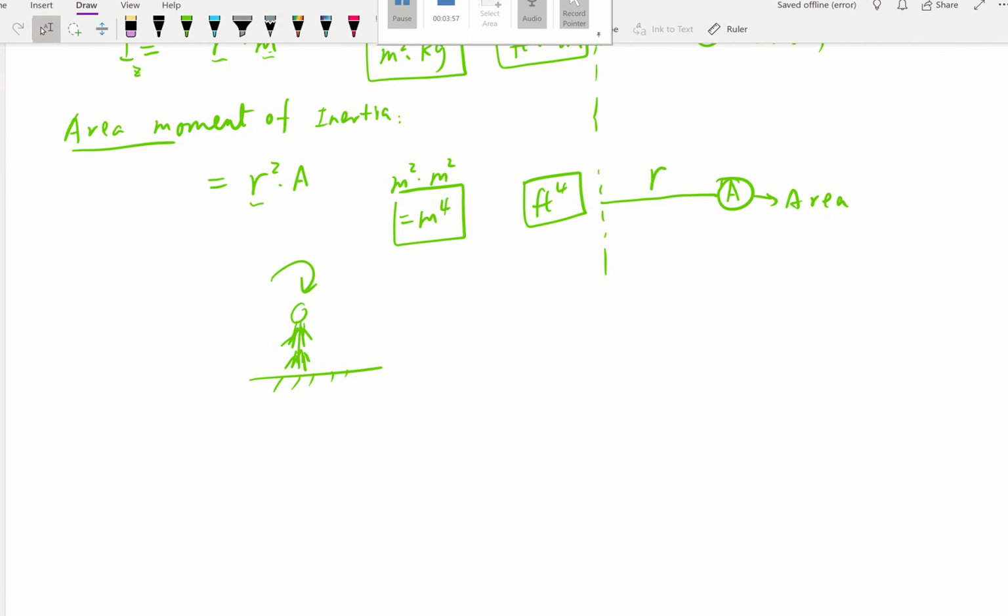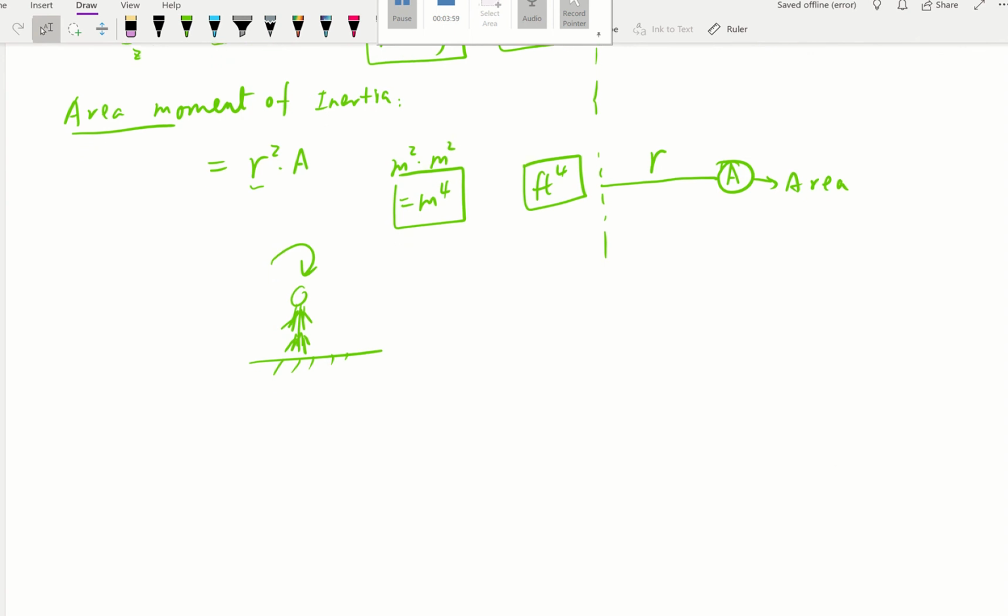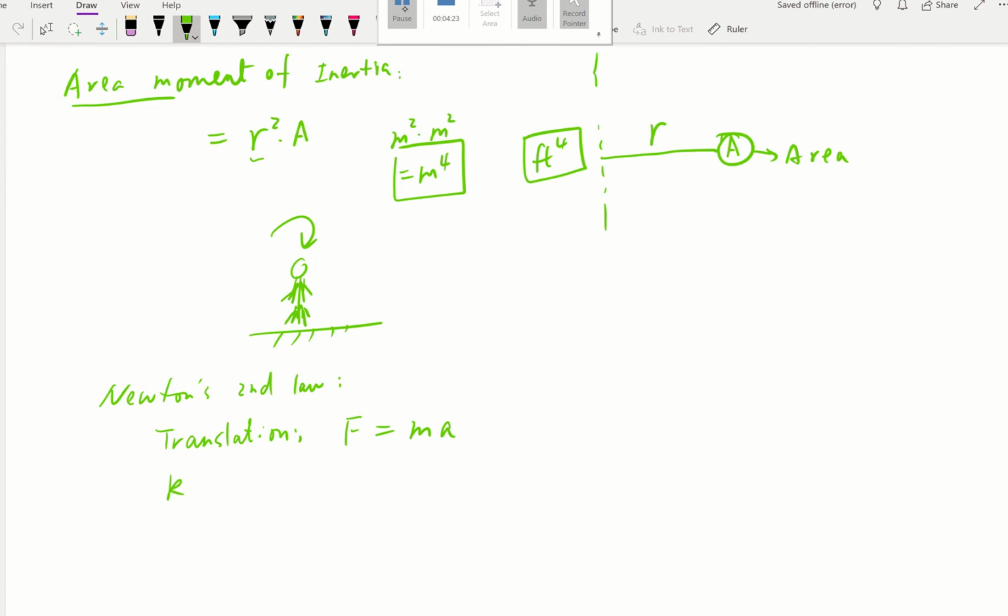Now let's look at one more concept. I want to review Newton's second law. We learned that force is equal to ma. That's for translational movement, which means it's moving in the xyz coordinates. And how about for rotation?